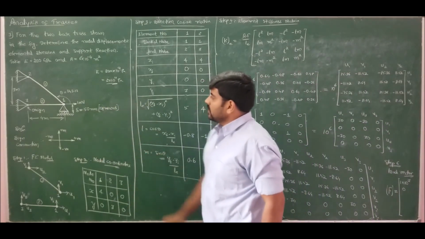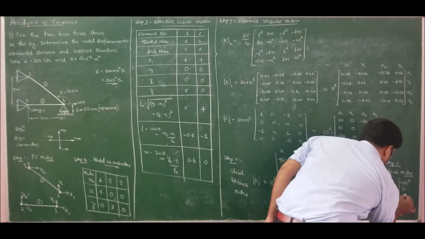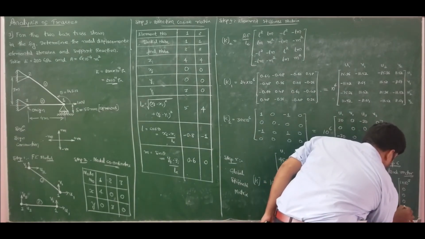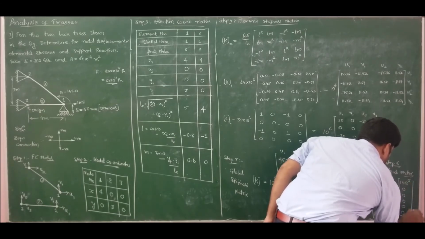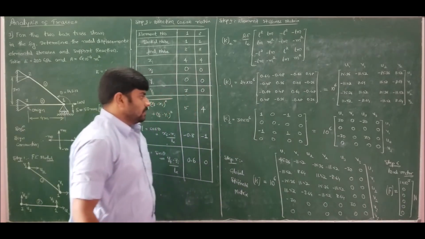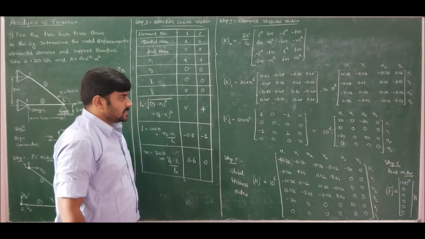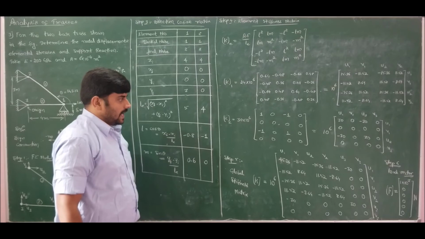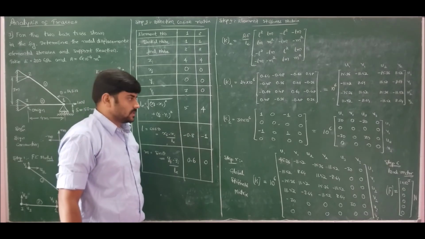At node 2 we don't have any loads, along x it is 0, along y it is 0. At node number 3 also we don't have any load, along x it is 0, along y it is 0. So this is the load vector for this problem. That is Fx1 is 1000 newtons and rest all the force values are zeros.